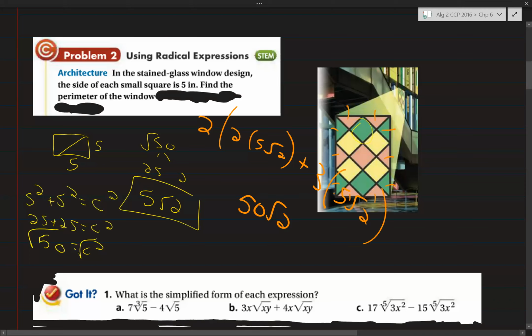But at the same point, I need 2 of these. So you can see how we're going to get 4 here. Squeeze another 2 in here. All right, so we're going to get 20 root 2's here. And here we're going to get 30 root 2's here. So we're up to 50 root 2.